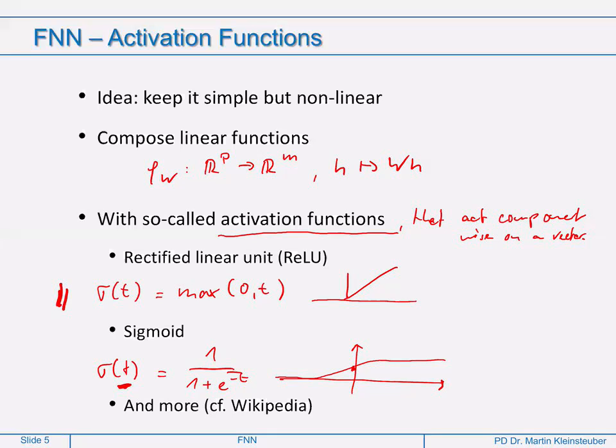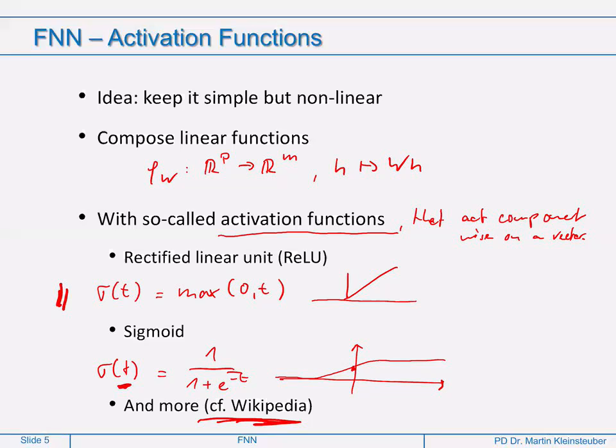I have given here this Wikipedia site because if you look at Wikipedia, there's quite a nice overview on different activation functions. But for us, the activation function sigma remains abstract.